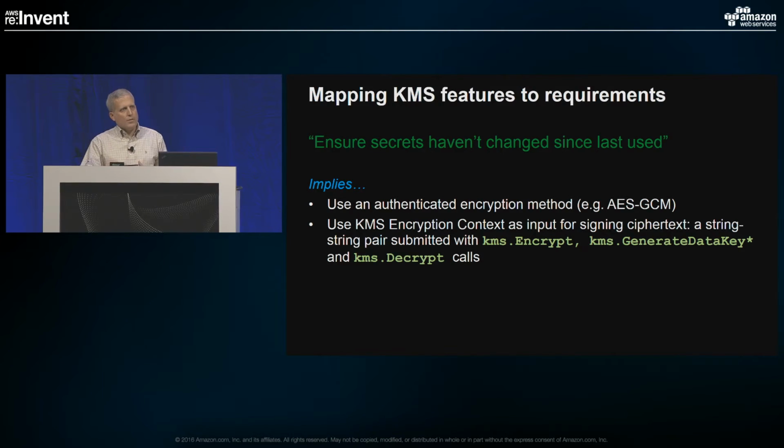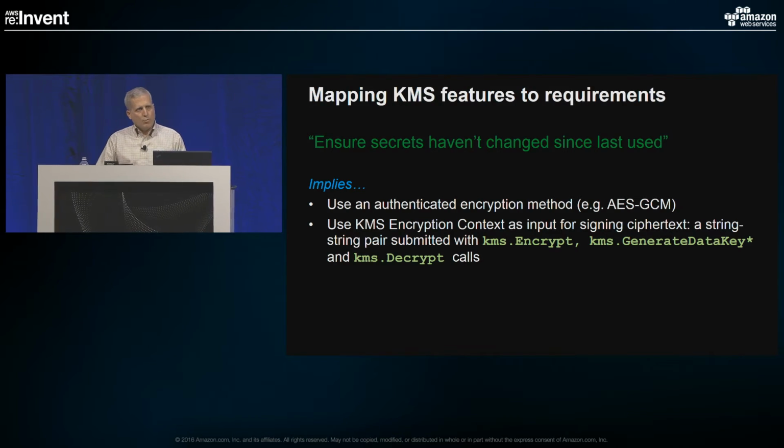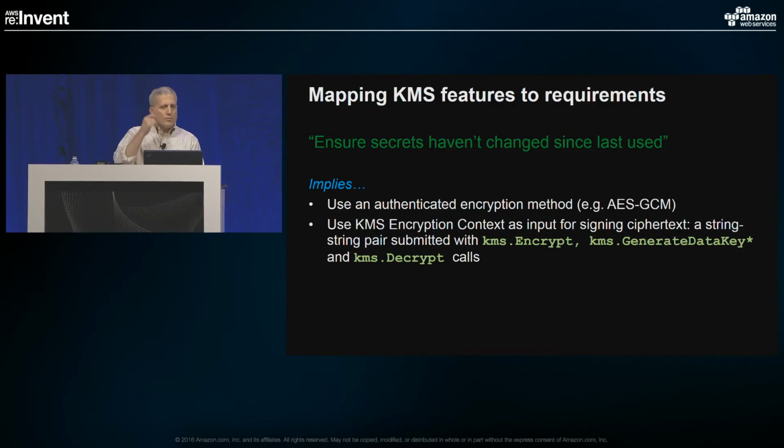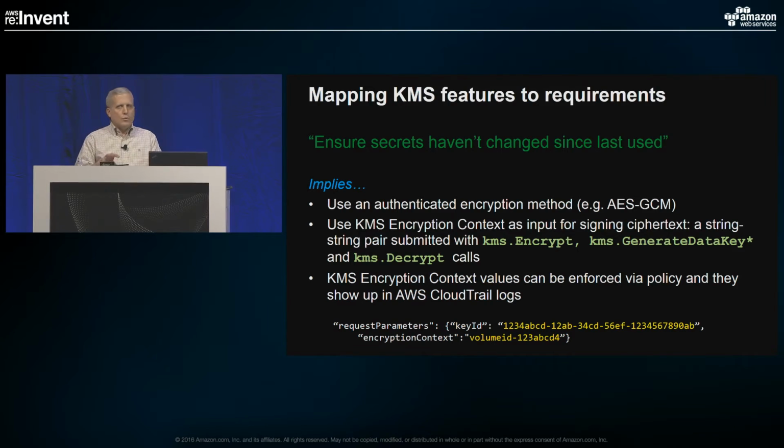Anytime you're using the key to create a ciphertext, you pass in this string-string pair. The next time you want to decrypt that ciphertext, you must also pass in the exact same pair. So this adds some additional security. It also enables you to use this string-string pair in policies.